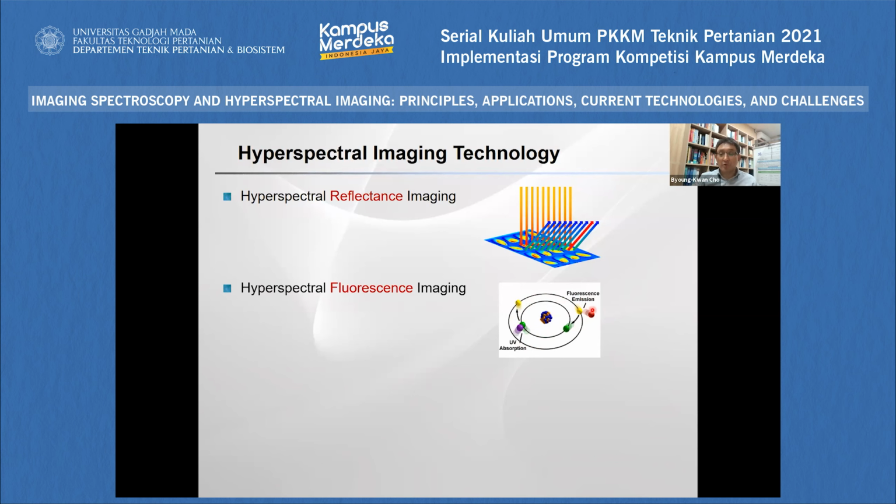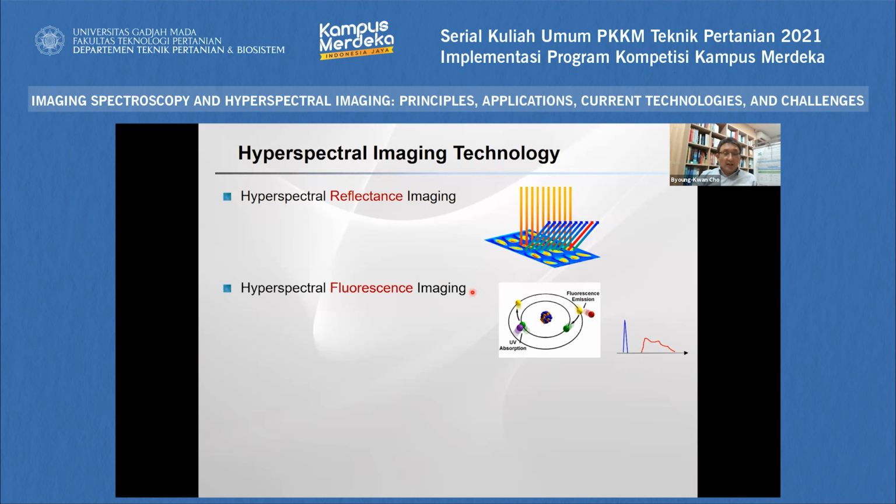That is fluorescence emission. But the fluorescence emission wavelength is longer than the excitation wavelength because the energy is lower than the excited energy. So excited energy and then emission energy. This part is fluorescence emission. We can use hyperspectral fluorescence imaging also because there are many fluorescence-sensitive chemicals in agricultural materials.